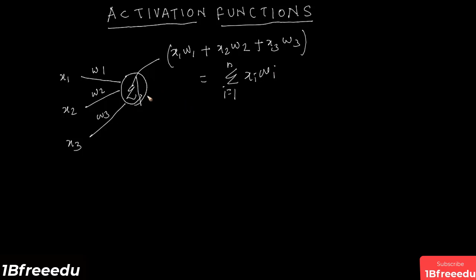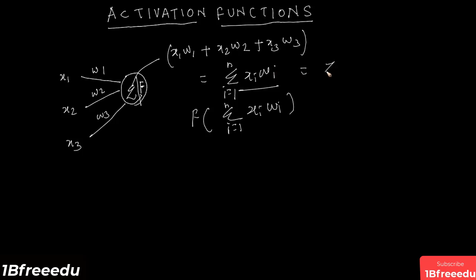Now after this sum, we have what is called a function. We apply this function f on this sum of xi, wi. Let me call this sum z.